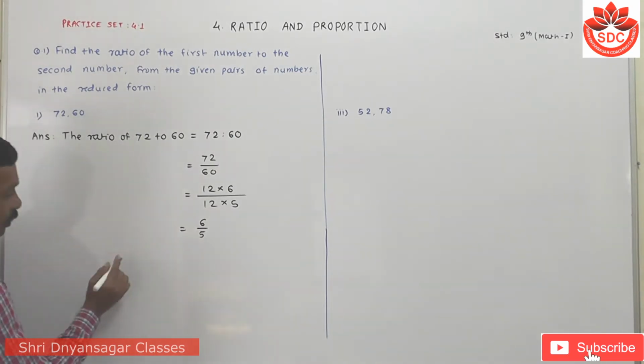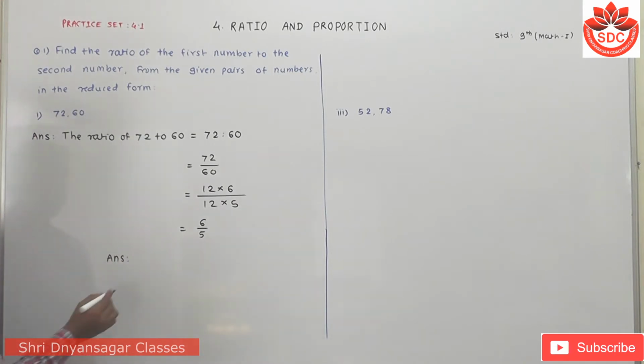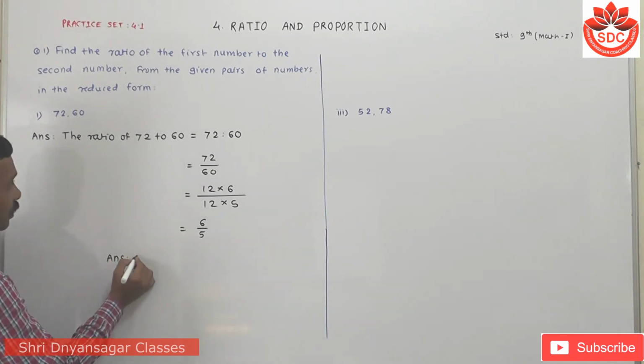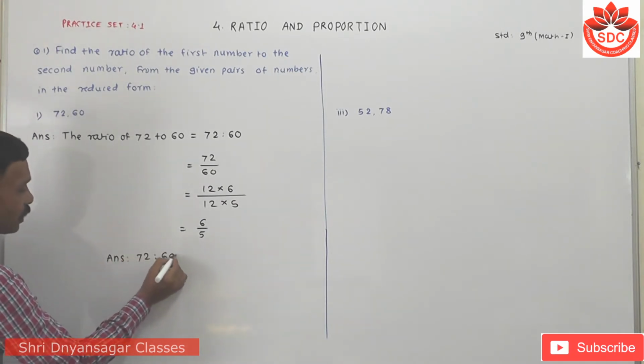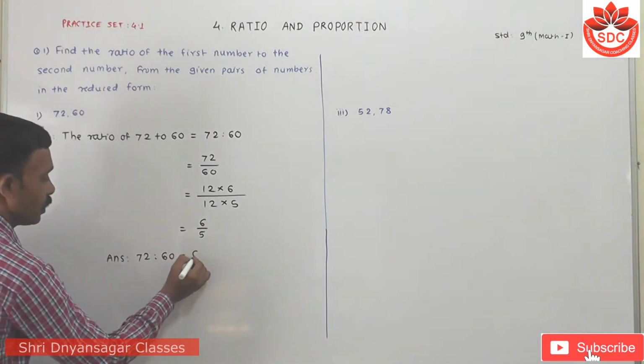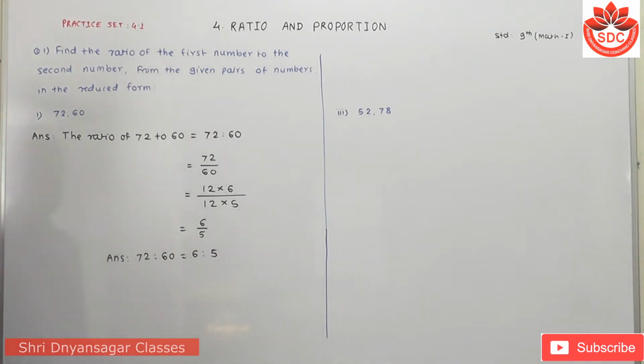Then answer in a full sentence: 72 as to 60 is equal to 6 as to 5. Can you understand this? Okay.